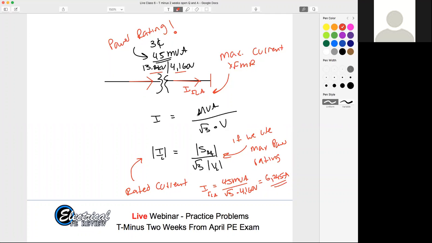What if this transformer was approximately 50% loaded? And let's just say we had an I secondary of, let's say 3,000 amps, okay? What is my primary current going to be?